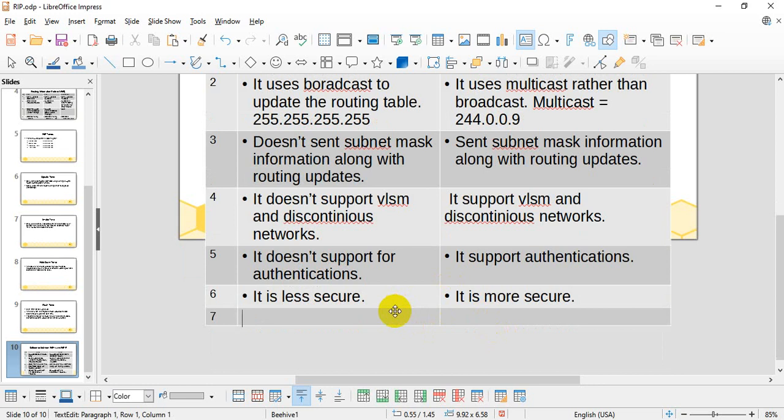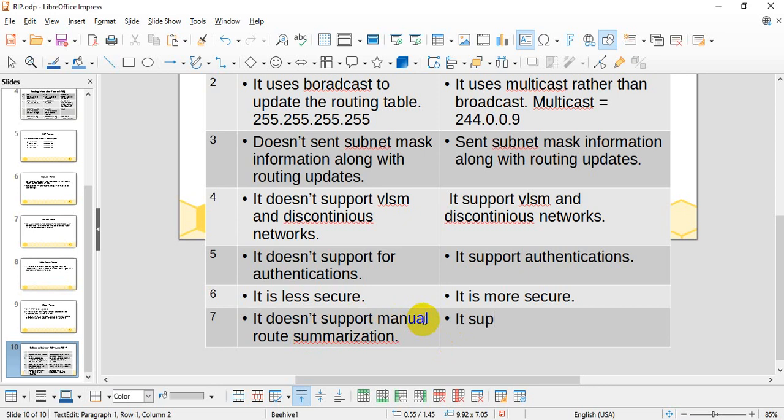And RIP version 1 does not support manual route summarization. Okay, it doesn't support the manual route summarization. And RIP protocol version 2 will support manual route summarizations. Okay, it supports manual route summarizations.